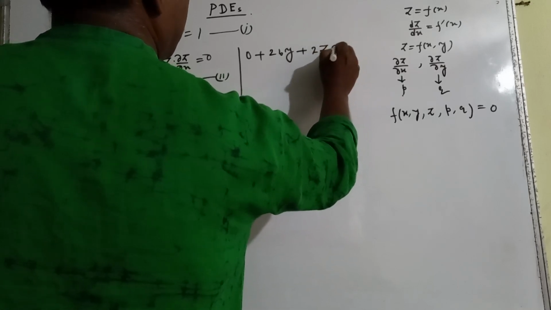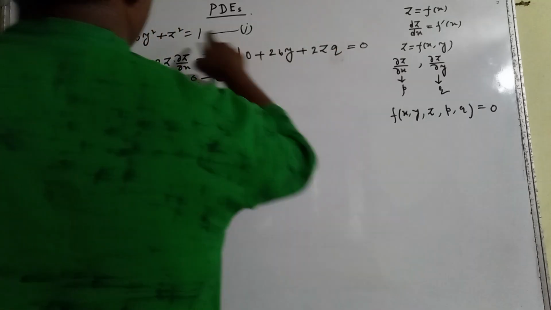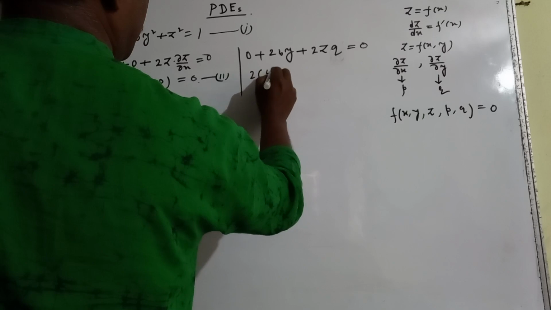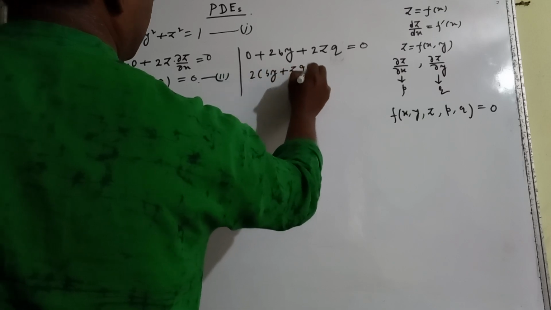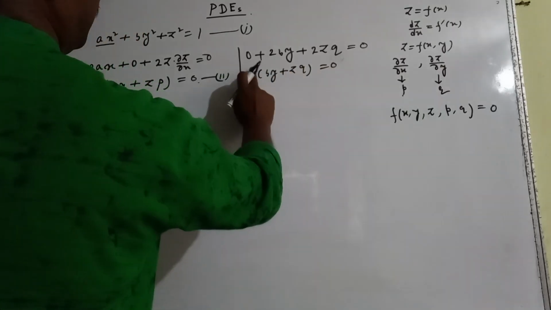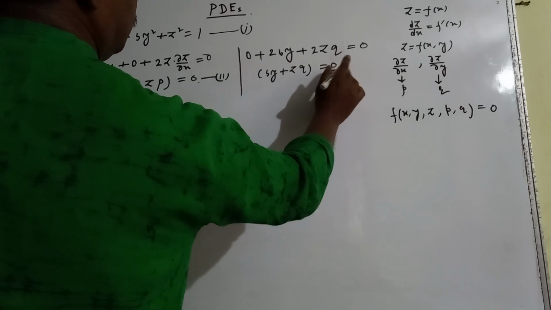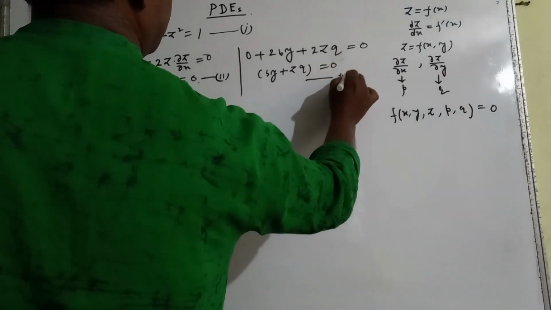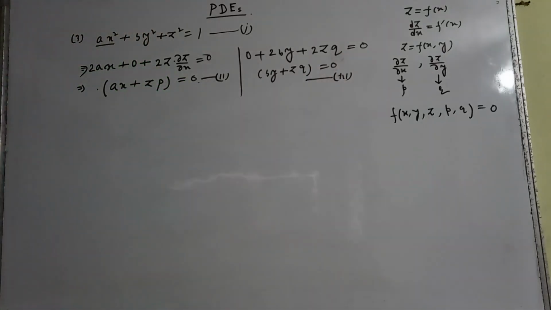This equals the derivative of 1, which is 0. Taking 2 common, by plus zq equals 0. This is number 3. Now we have to eliminate a and b from 1, 2 and 3. How to eliminate?